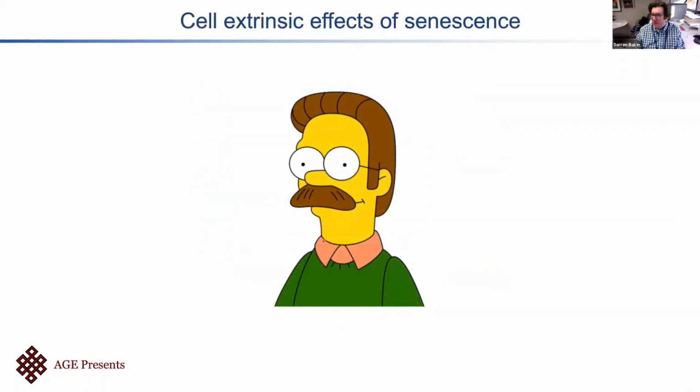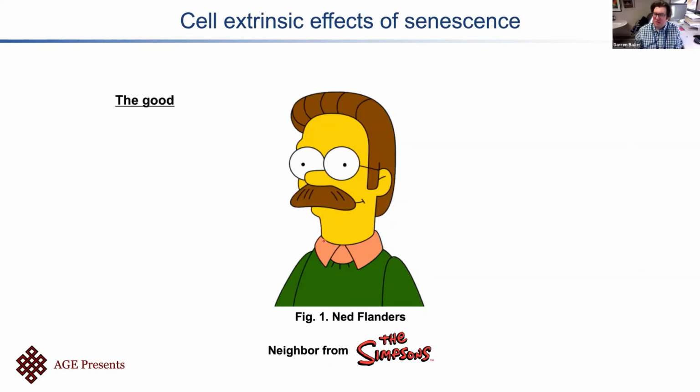I talk about the idea of cell intrinsic and cell extrinsic effects of senescence and why we've gone into different phases about senescence and the biology behind them. I use this figure of Ned Flanders, the neighbor of the Simpsons, to talk about how senescent cells can influence other cells in their environment.